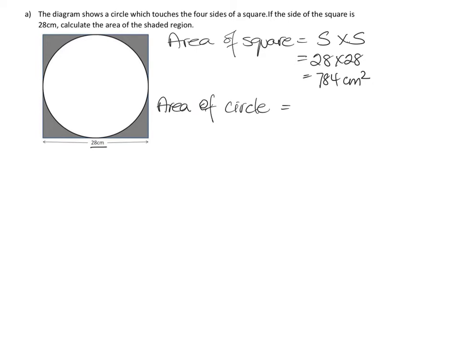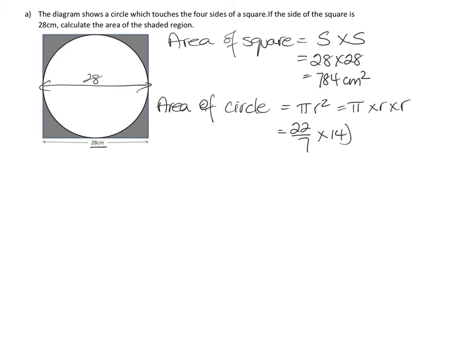So the area of the circle we know is pi r squared, which we know is pi by r by r. So pi we know is 22/7, and since this whole length here is 28, it means that the radius is half of that, so the radius would be 14.